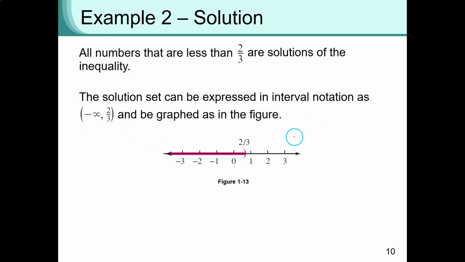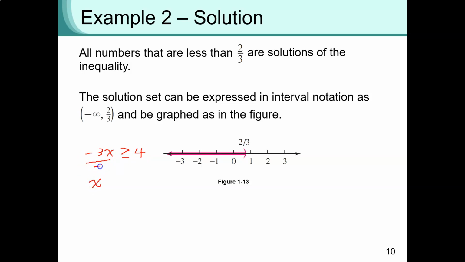Okay, let me do another example here. What if we have the inequality negative 3x greater than or equal to 4? Solving the same way, we isolate the x itself. So we divide by negative 3 on both sides.